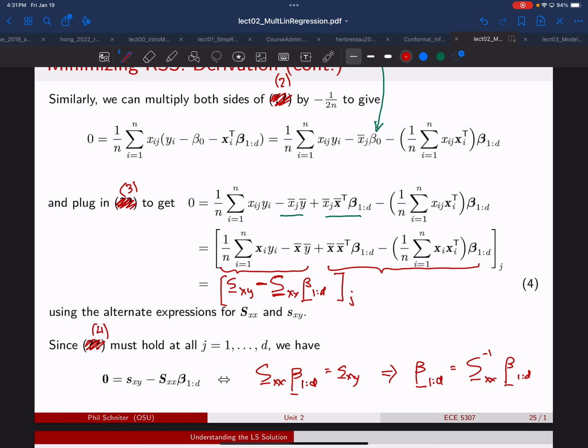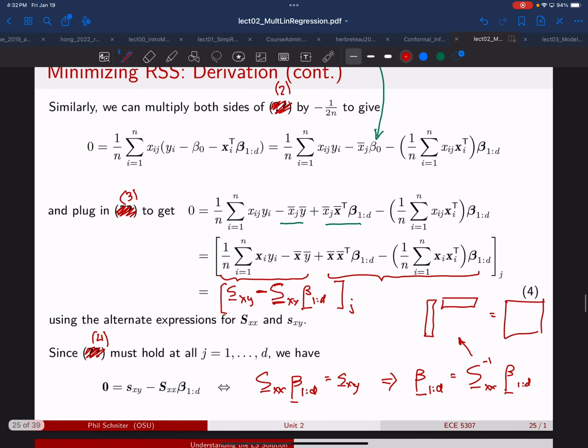It is, because if you remember, it was made from the average of the outer product of two identical vectors, so it's going to be square. Is it necessarily invertible? Not always. Usually is. At least when you have more samples than you do features, then it tends to be invertible.